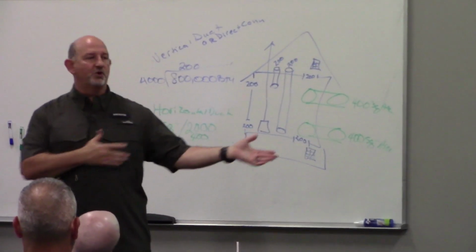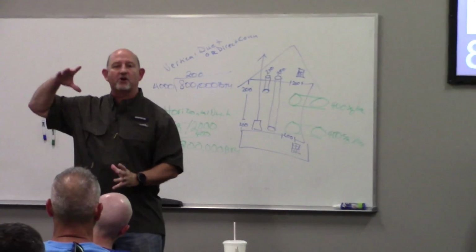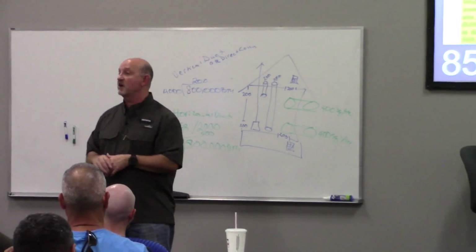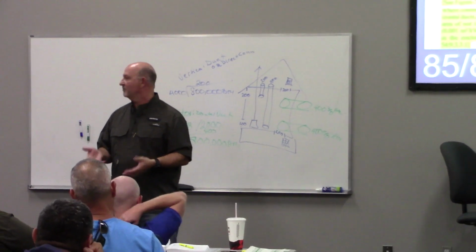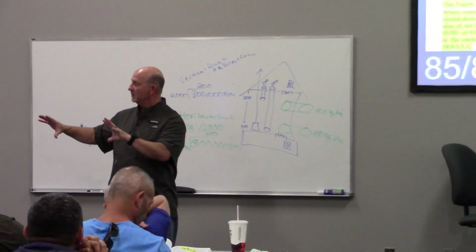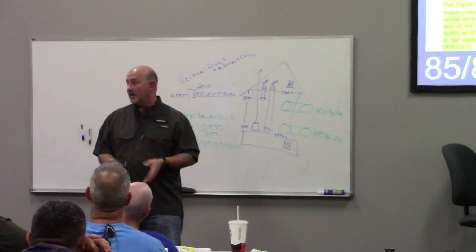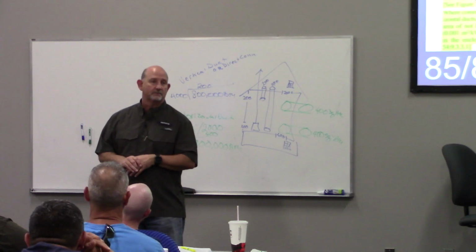Right? Air doesn't want to move this way. So does it make sense to you these horizontals need to be bigger than the verticals to move the same volume of air? Does that make sense? Yep. That's the logic behind that. Okay. If I'm going to put a horizontal duct, it needs to be bigger because air doesn't want to move this way. If I put a vertical duct, air wants to move that way already. I just need to give it a place to go. That make sense?